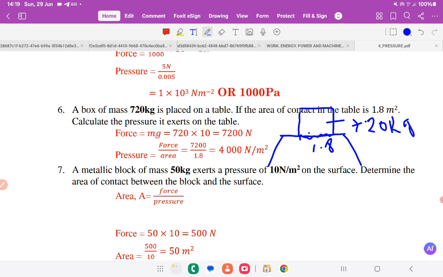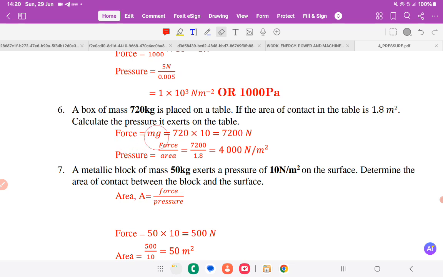All right. So what you do, remember, you are given mass, so you need to change mass to newtons. And in order to find the newtons from kilograms, all you have to do is multiply mass by 10. So take 720 multiplied by 10.